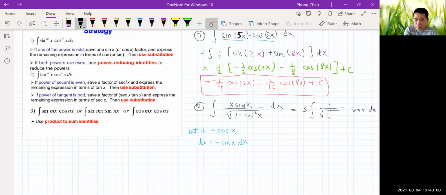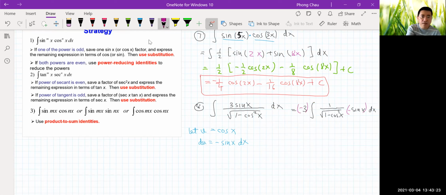So I have 1 over the root of 1 minus cosine squared x there. Okay, so you see that I need a negative sign. So all I do is multiply by negative 1 there, negative 1 there.